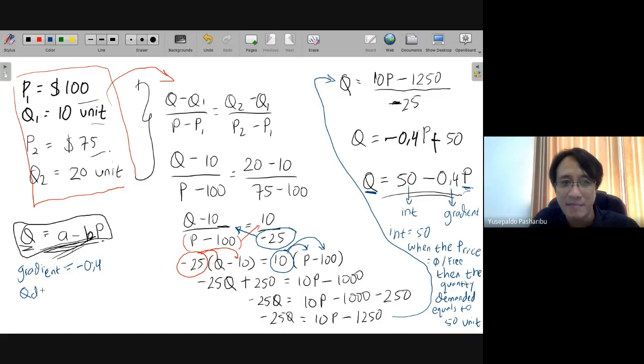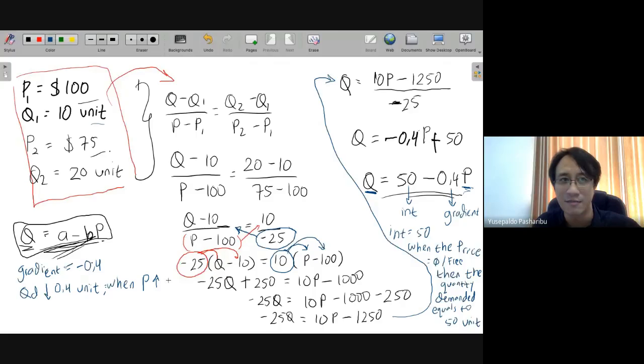So the quantity demanded will, because this is negative or minus, so the quantity demanded will decrease 0.4 unit if or when the price increases or rises for 1 unit.